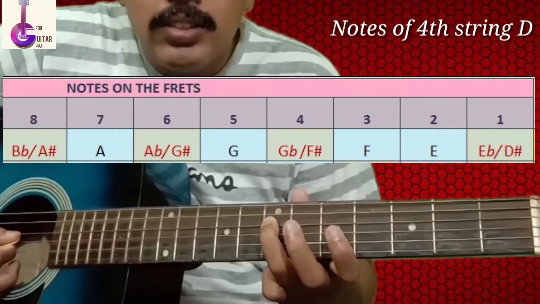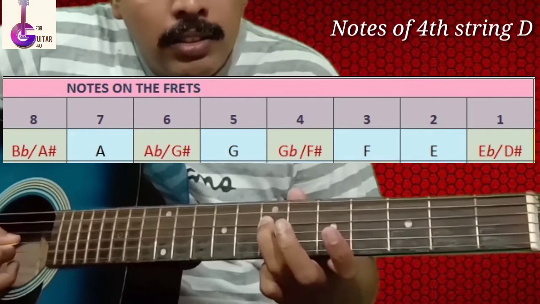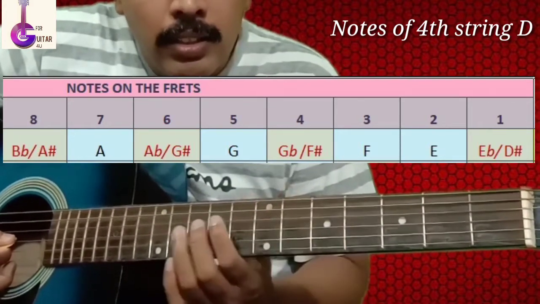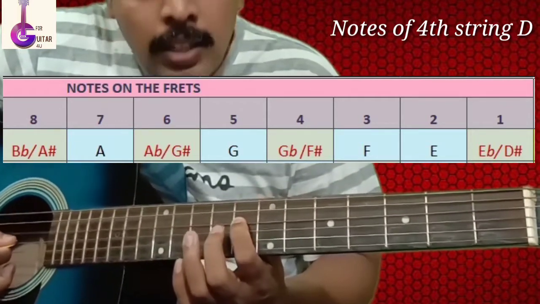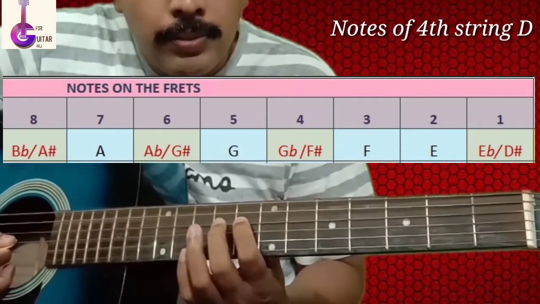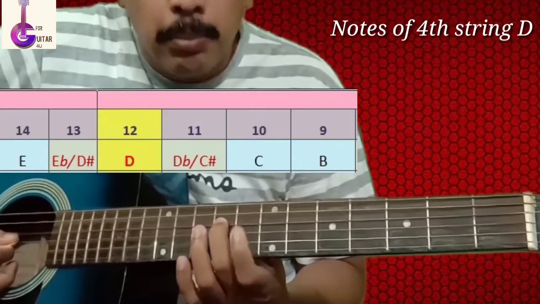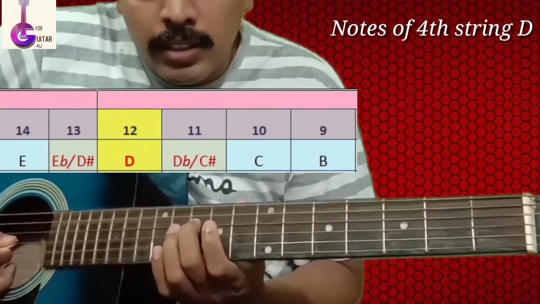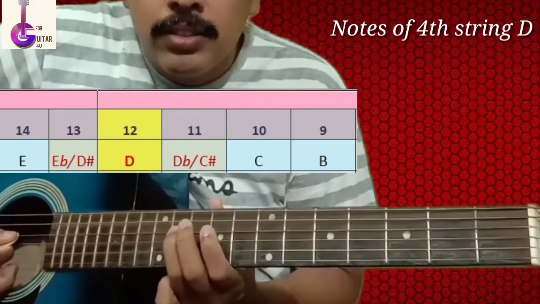And seventh is A. Next is A sharp. A sharp is also called B flat. Okay. Next is B. Next is C. Next is C sharp.